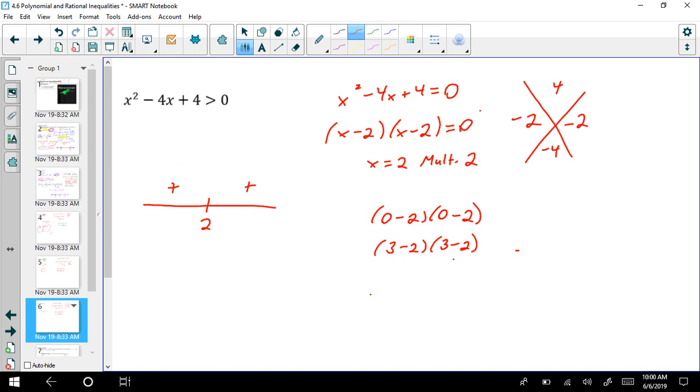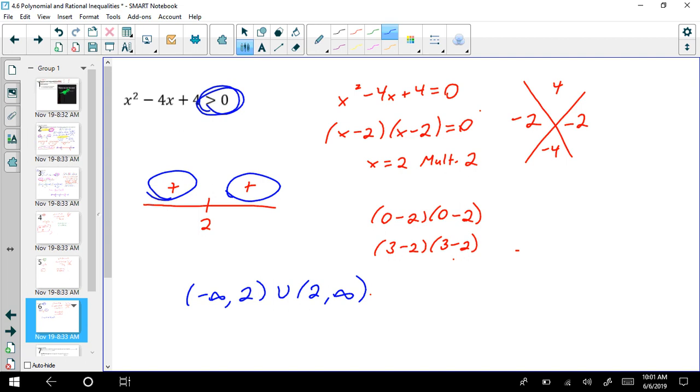So where are my answers? I want the answers that come out greater than 0. So the positive regions. Now, sometimes people ask me, oh, great, can I just say -infinity to infinity? It's the entire thing. And I will say no, because I have to throw out 2. Why do I have to throw out 2? Well, 2 is the number that will make it equal to 0. And I did not have the equal to bar on the inequality, so I can't include 2.